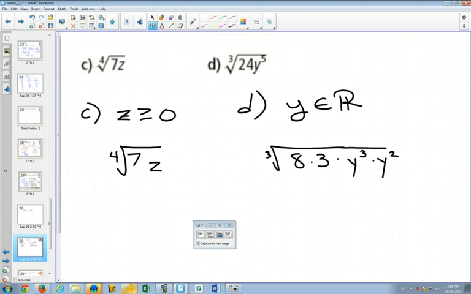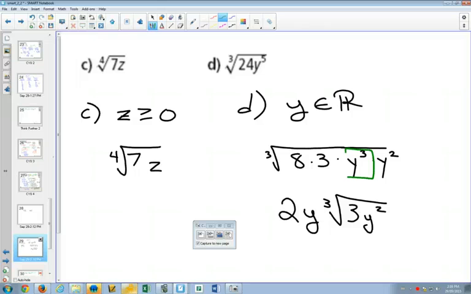So the cube root of 8 is 2. The cube root of y cubed will be y. And what am I left with inside? A 3y squared. So this y cubed came out as the y. This 8 came out as a 2. And then what's left inside is the 3y squared.